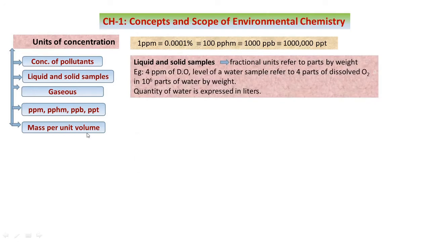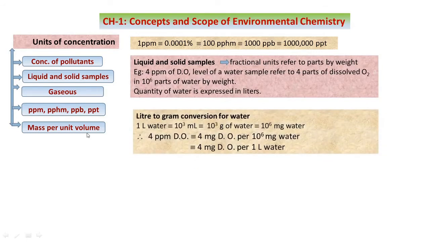In the case of liquid and solid samples, the fractional units refer to parts by weight. We can take one example to understand this concept. Suppose the 4 ppm of dissolved oxygen level of a water sample refers to 4 parts of dissolved O2 in 10 raised to power 6 parts of water by weight.